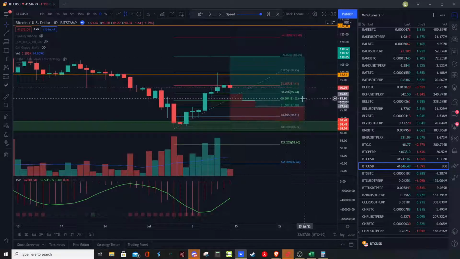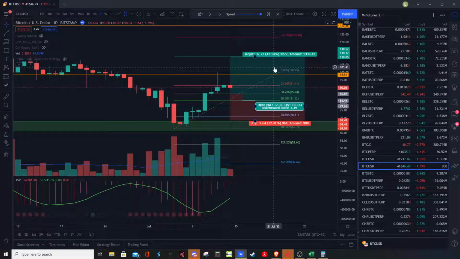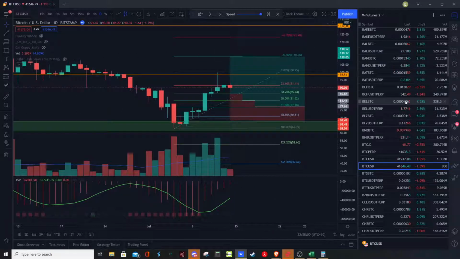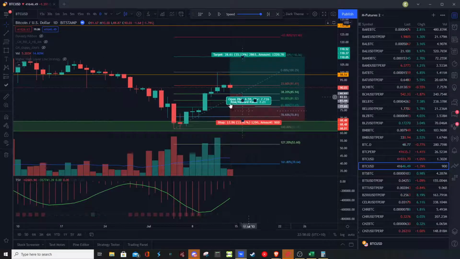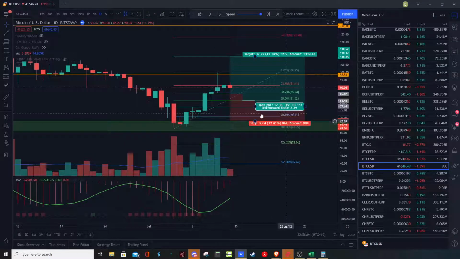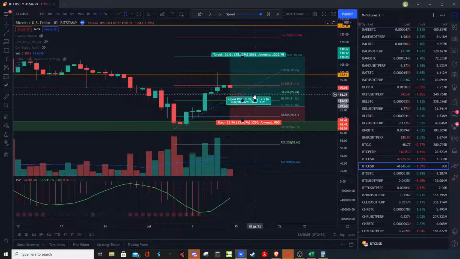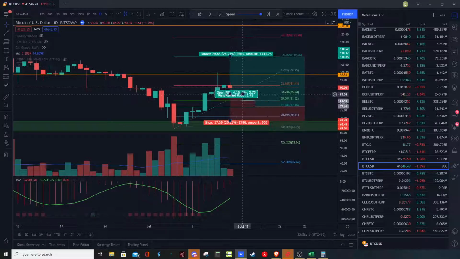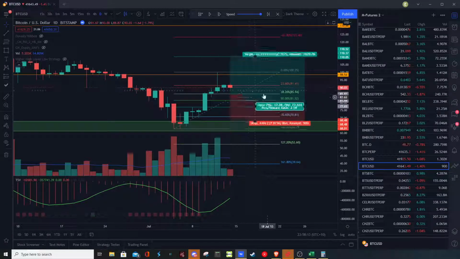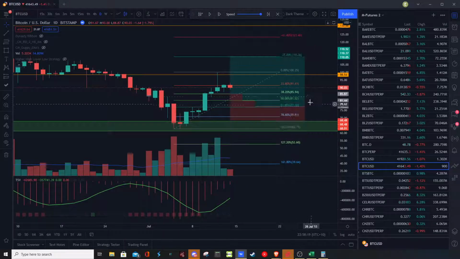So let's just say the risk is 1% of our account, and our position size will be relative to how many trades get put on. So if I'm going to put on $100, and I'm looking for 3 levels of the trade, then essentially I'll have, say, $33 there, $33 there, and $33 there.